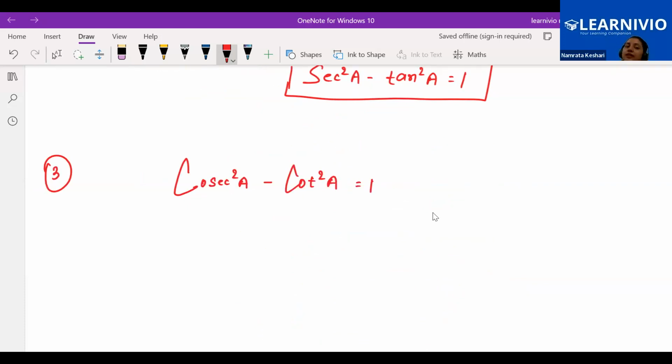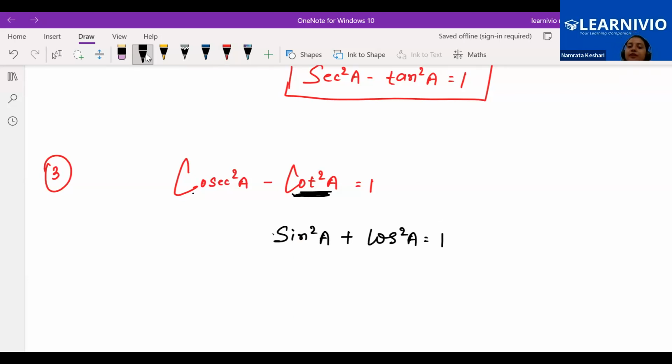Here also we will take the help of the first identity, that is sin square A plus cos square A is equal to 1. Now this time we want to make cosec and cot. So you focus on cot and tell me how can we make cot over here.